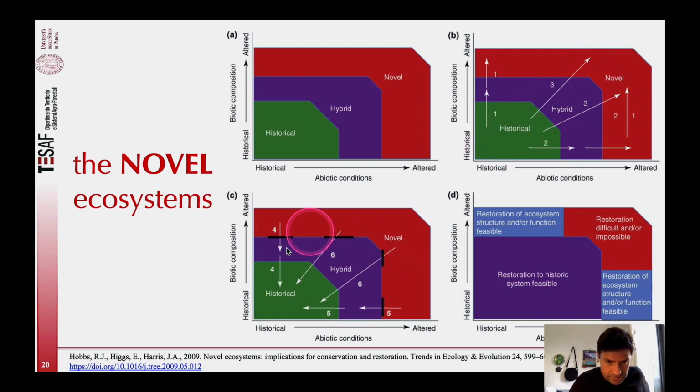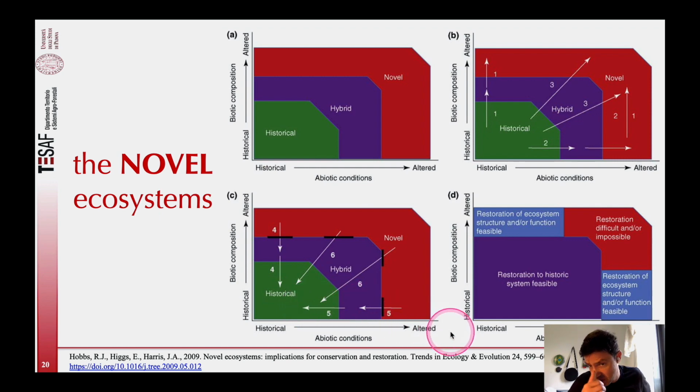And most of the restoration projects are trying to get back here, because here we can have a degraded land as a novel ecosystem, right? So the idea is to bring this novel ecosystem back to the historical one, and most actions, like planting trees or revolving the soil, focus on bringing it from the novel to the historical.